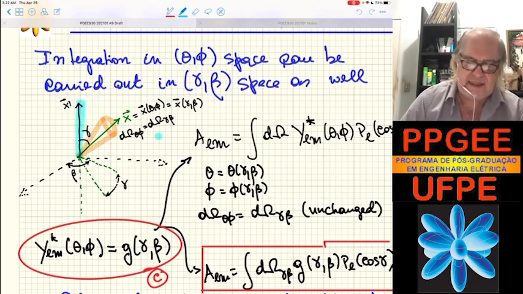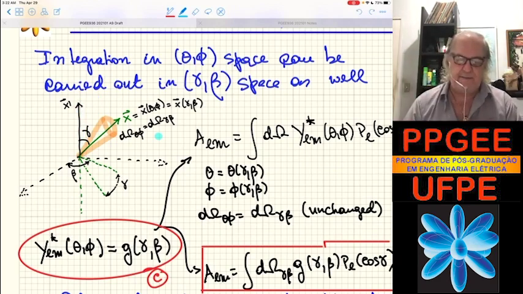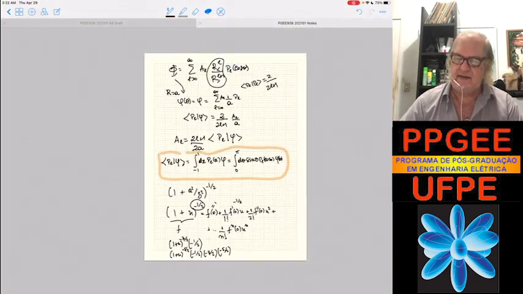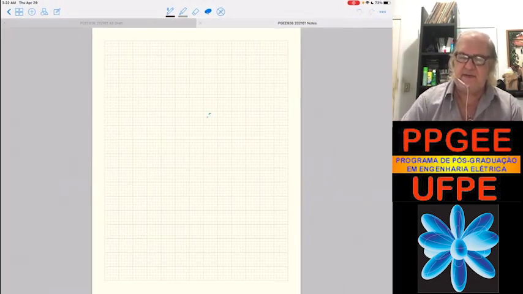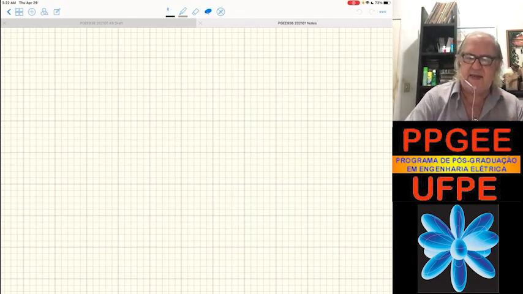So x is obtained from x prime by a rotation, right? What I mean is like changing from rectangular coordinates to spherical coordinates. We have x, y, z.